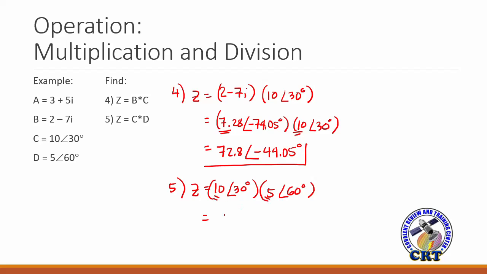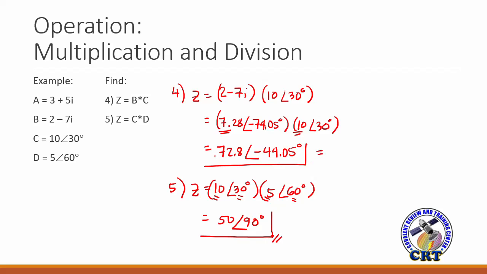So 10 times 5 is 50. Angle of 30 plus 60 is 90 degrees. So our answer is in polar form. If you want to check the answers in rectangular form, you can use the rec function of your calculator.